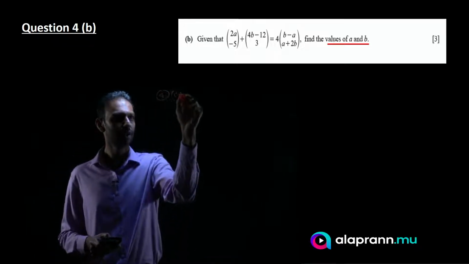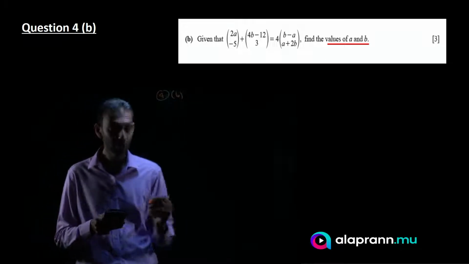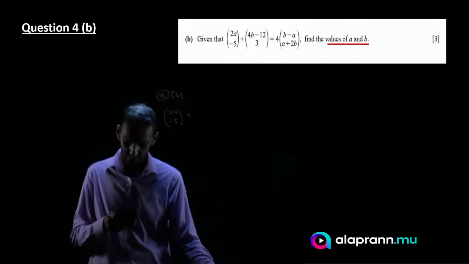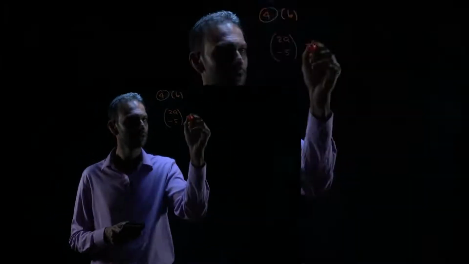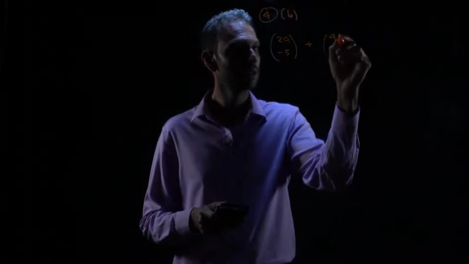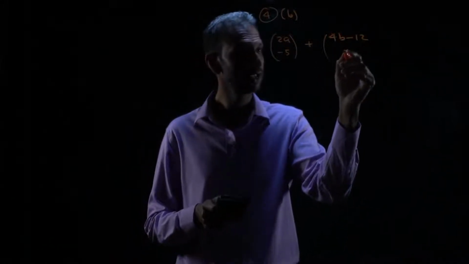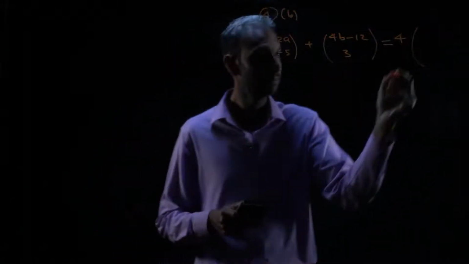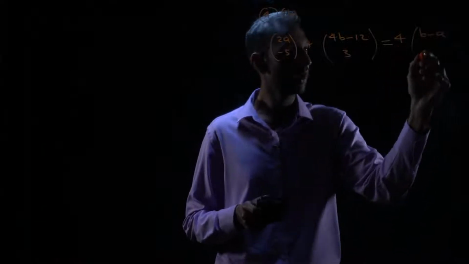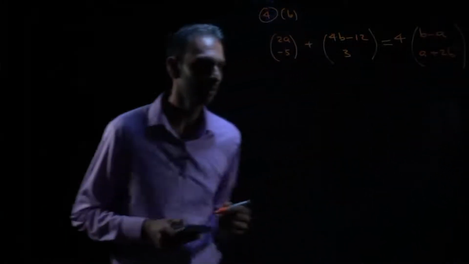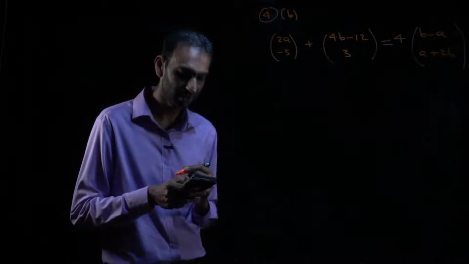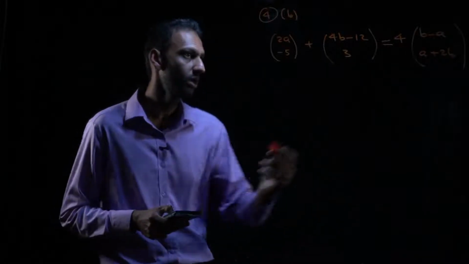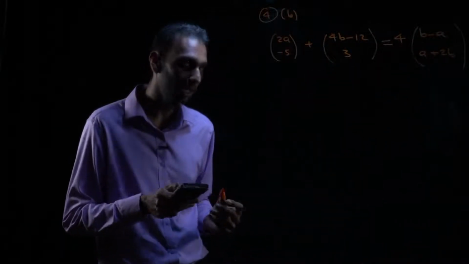So 4b, you are given that the column vector 2a, minus 5, plus the column vector 4b minus 12, 3, is equal to 4 multiplied by the column vector b minus a, a plus 2b.